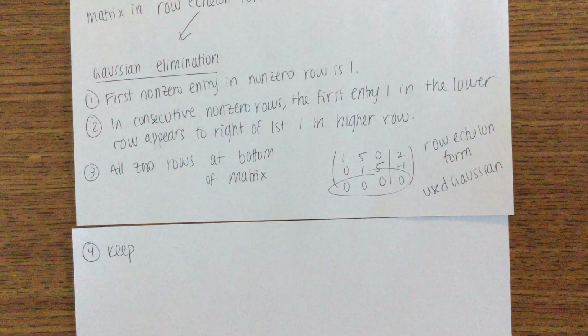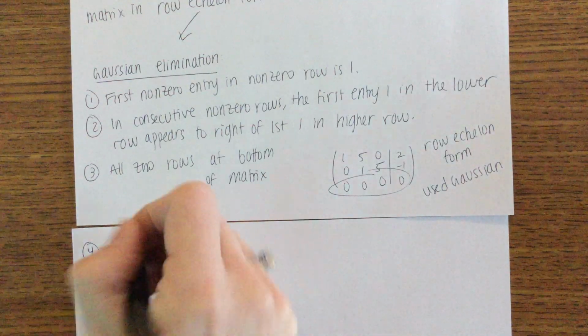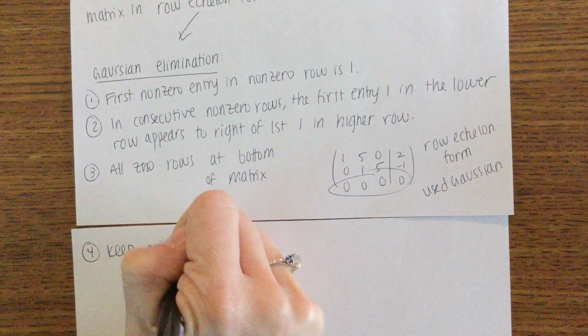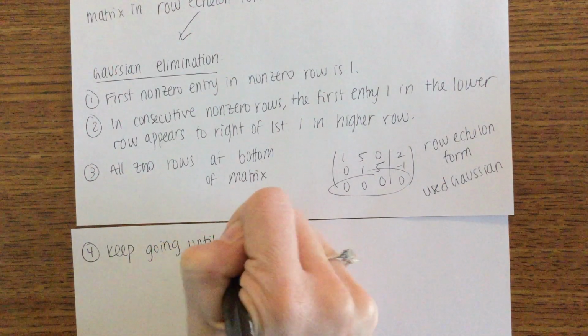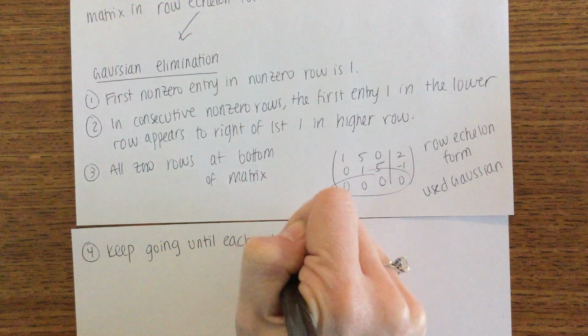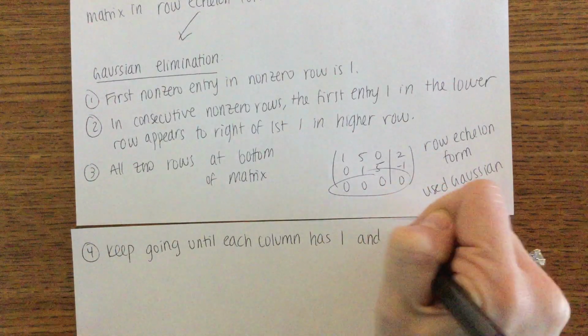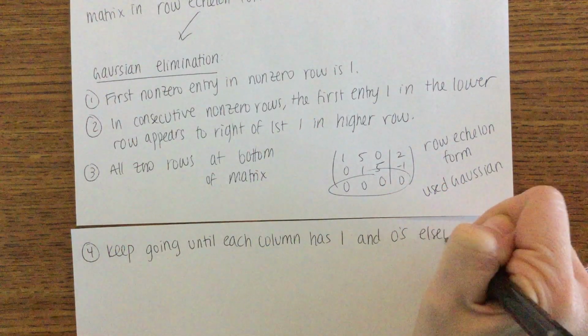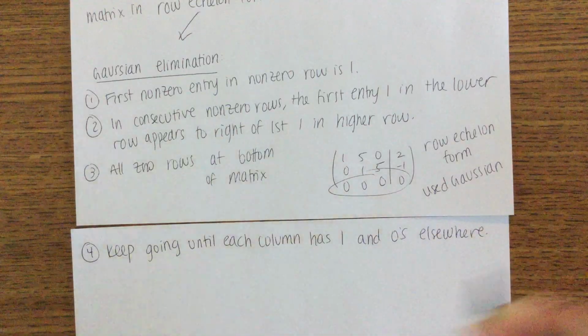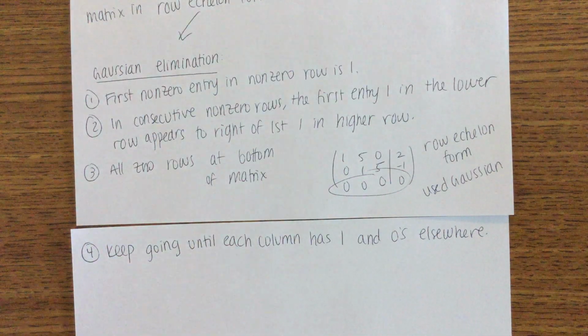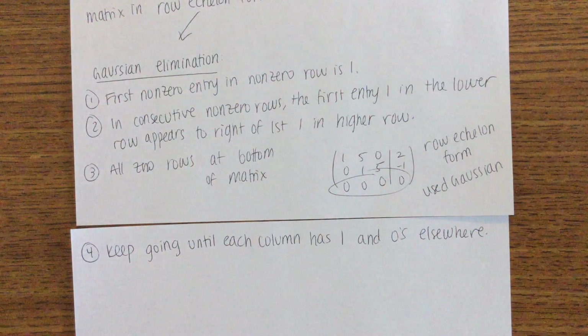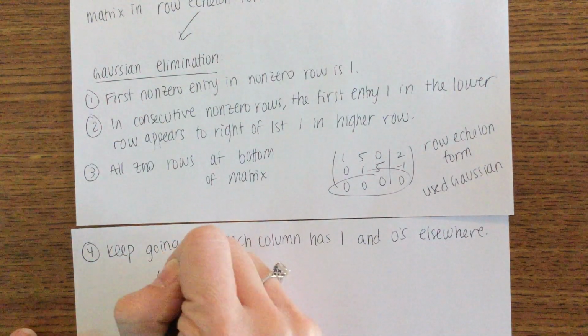If we were doing Gauss-Jordan elimination, you're going to keep going until each column has a 1 and there are 0s elsewhere. So that would be something like this.